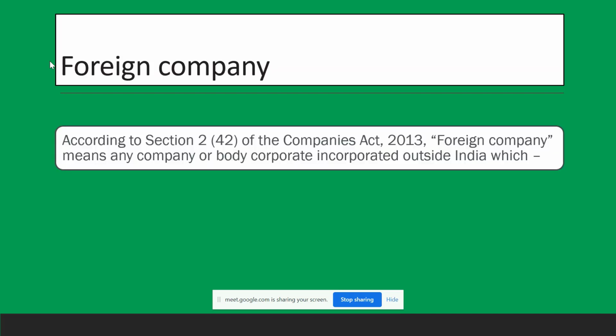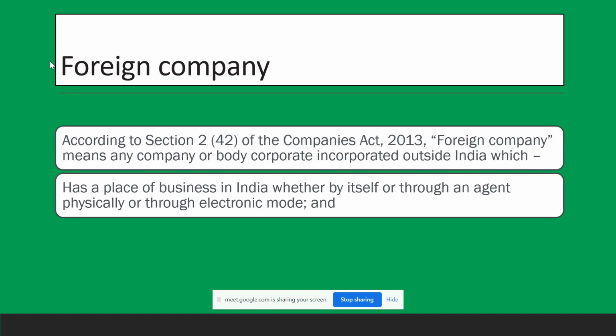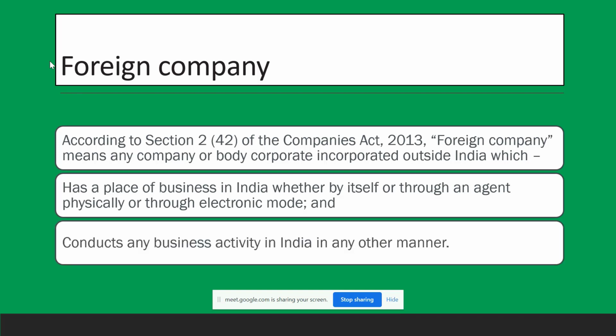According to Section 2, sub-clause 42 of the Companies Act 2013, foreign company means any company or body incorporated outside India which has a place of business in India, whether by itself or through an agent, physically or through electronic mode, and conducts any business activity in India in any other manner.